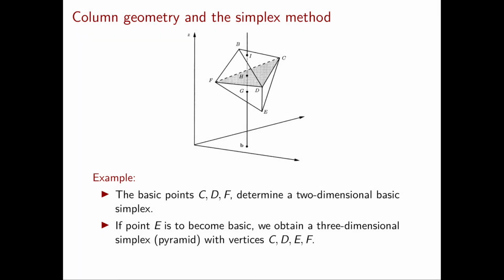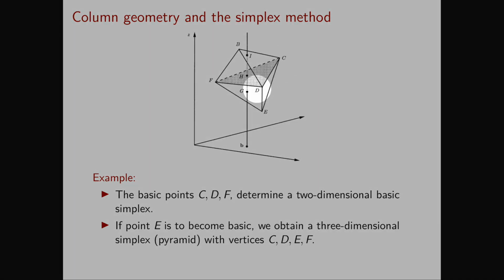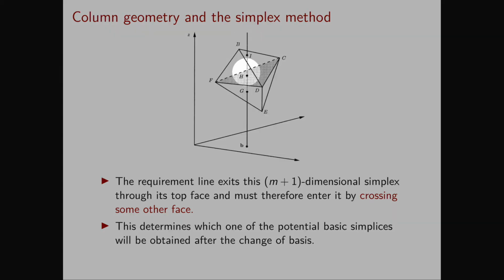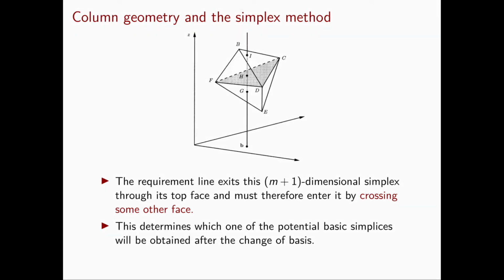Their union is the boundary of the three-dimensional simplex, which is the pyramid with vertices C, D, F, E. So why is it so important to look at this m+1 dimensional simplex? This is because our requirement line intersects this m+1 dimensional simplex.